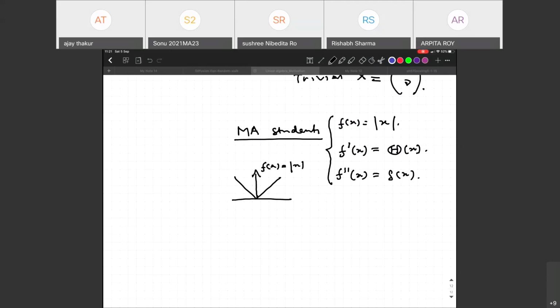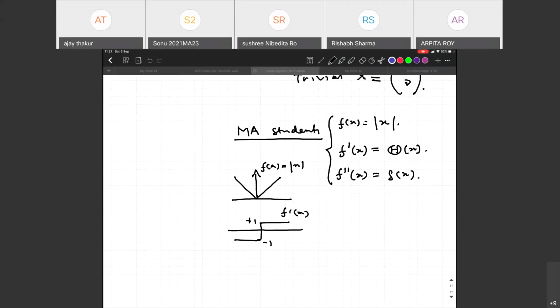So when we talk about the slope, the first derivative is like the slope, and we know that the slope in the second quadrant is -1, and the slope in the first quadrant is +1. So this curve was like a Heaviside theta function, +1 and -1, and this was basically f prime of x.